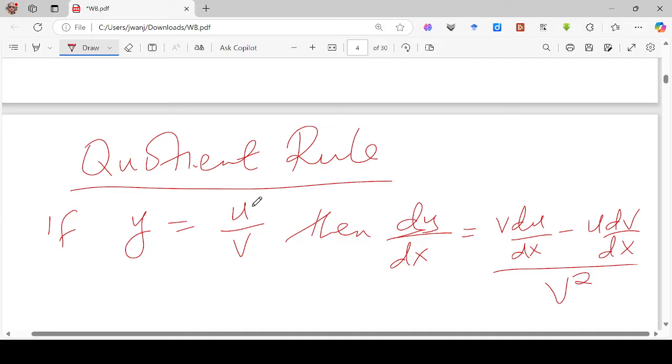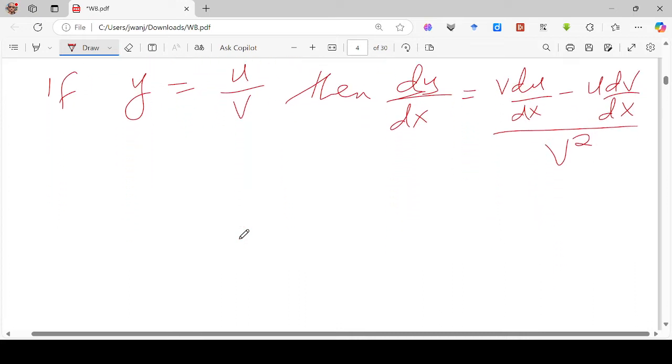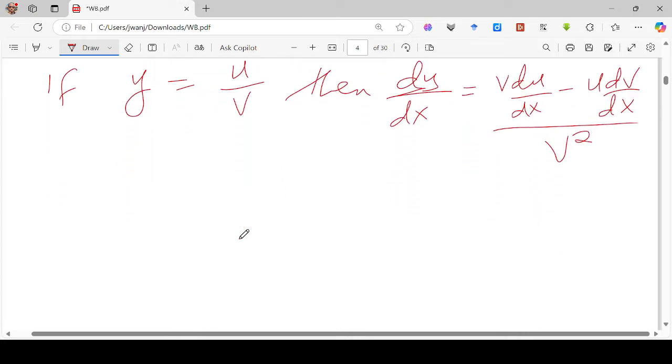Notice that u is the numerator function and v is the denominator. So we can apply this rule to differentiate a function.